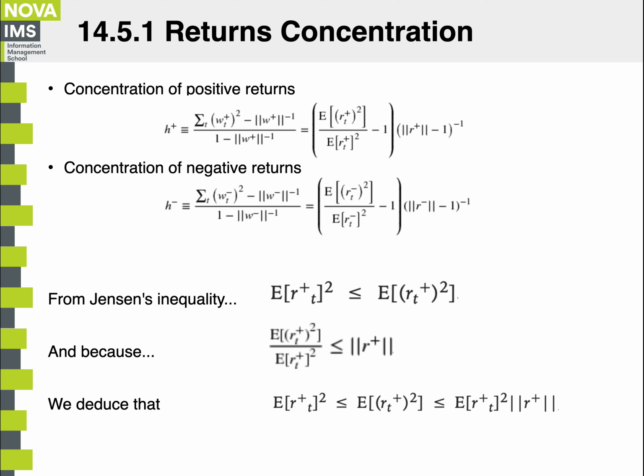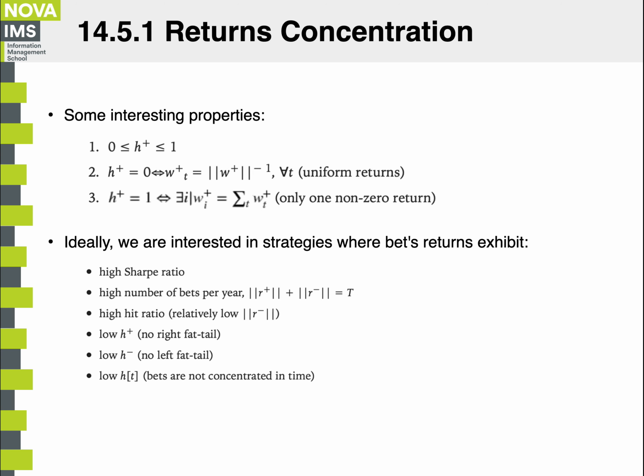From Jensen's inequality, we deduce that the squared expected TWRR is smaller than the expected value of squared TWRR, which is then smaller than the squared expected TWRR of the vector of size r+. This deduction has an equivalent bound on negative bet returns.